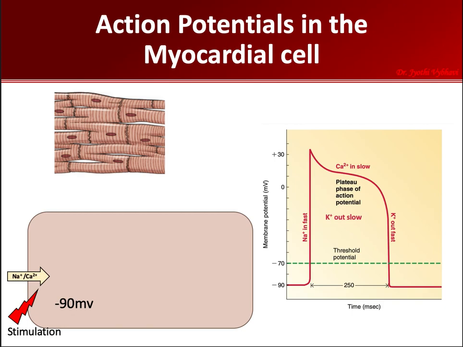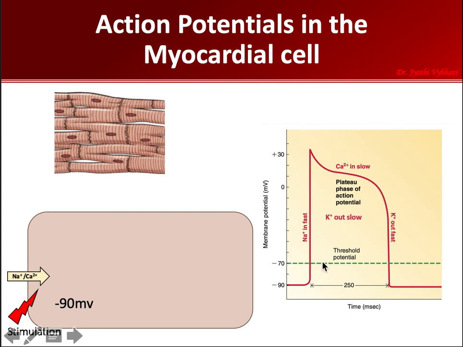These channels open, and what happens when these ions come inside? If I represent these events in a graph, you see, initially when I recorded it was minus 90. When I stimulated, some of the sodium ions, cations, are coming inside. So when they come inside, obviously positive ions are coming inside, so the potential becomes less negative, or a little bit more positive, and from minus 90 it might reach minus 70.